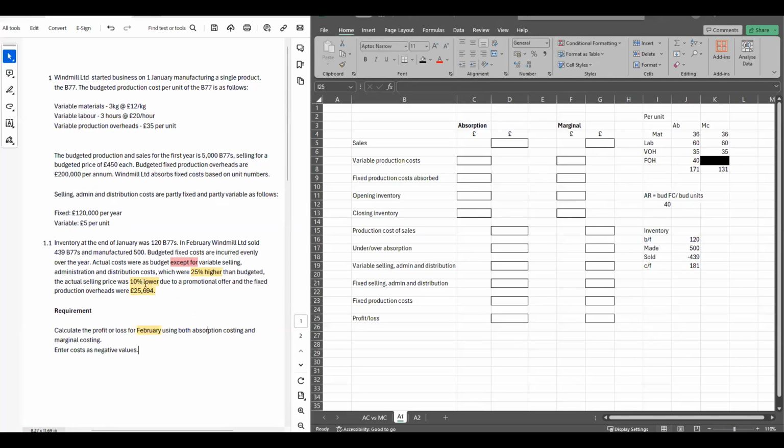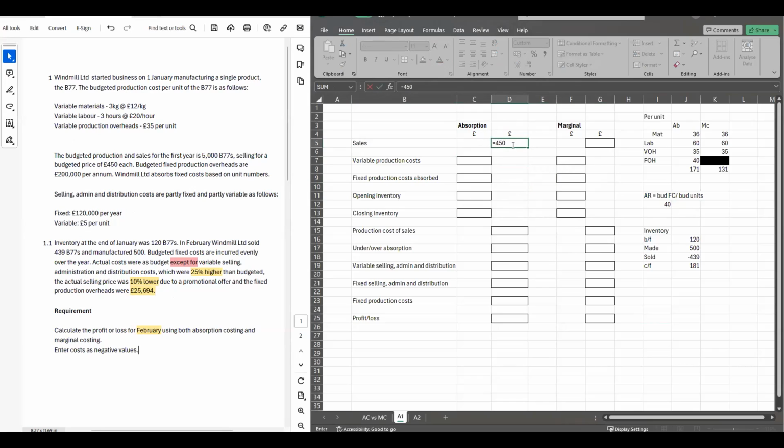So we've now got all of the information that's going to allow us to populate all of the numbers in this answer. Let's start with the sales. We were told that the actual selling price was 10% lower than the budget. There's no different working under the two methods; sales are the same under absorption and marginal. So my budgeted price was 450.